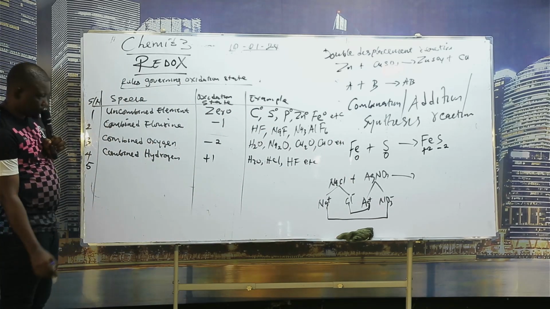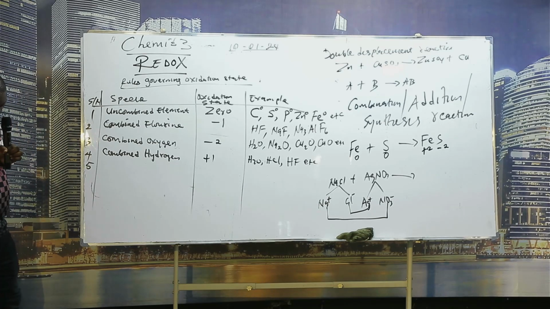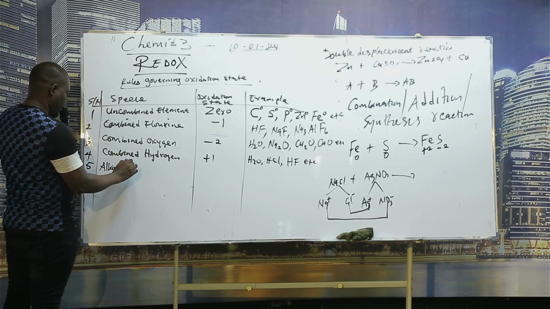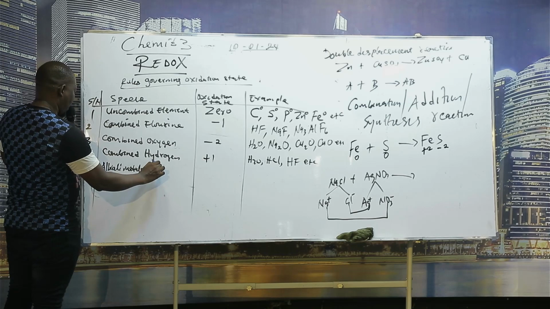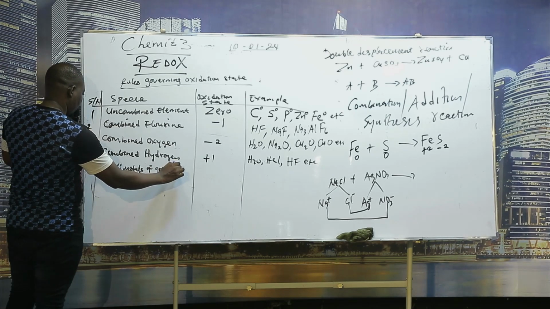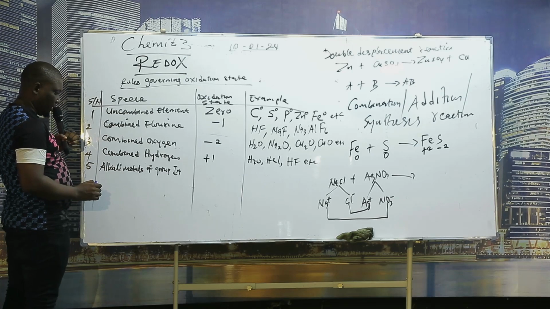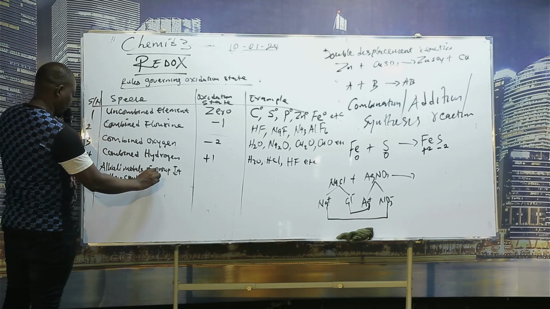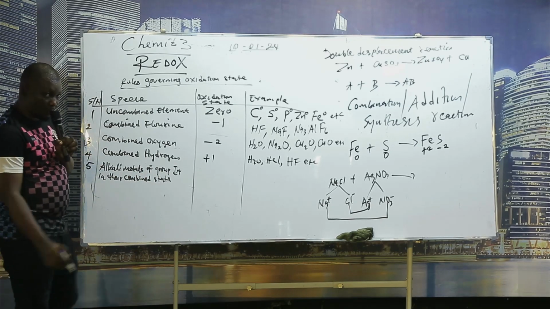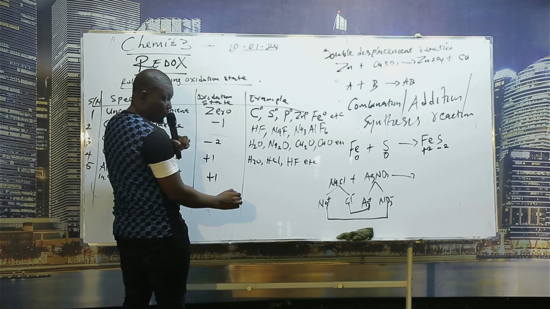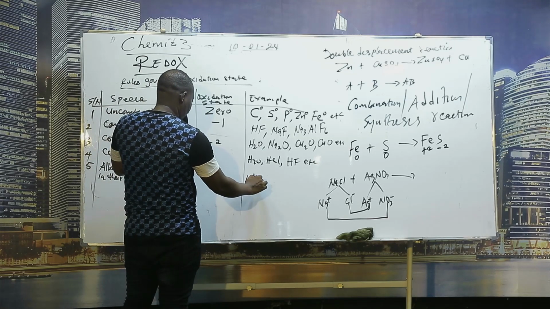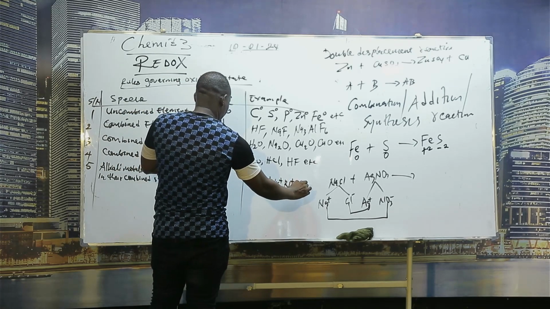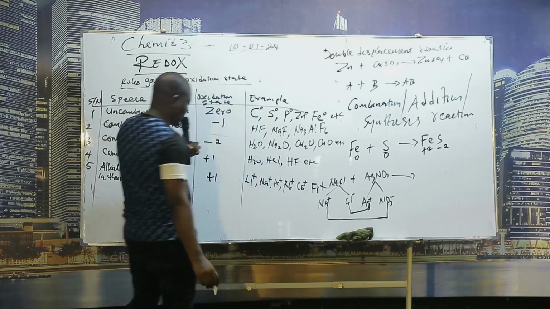Number 5: alkali metals of group 1A in their combined states are +1. Examples of those metals are lithium, sodium, potassium, rubidium, cesium, francium.